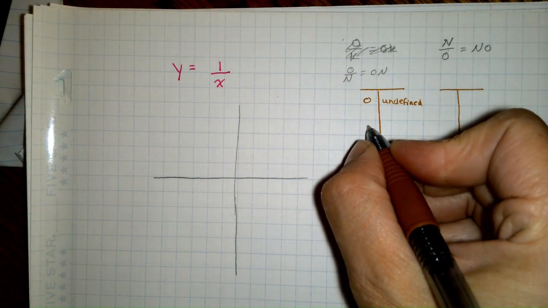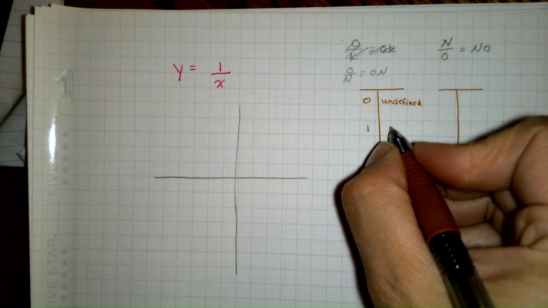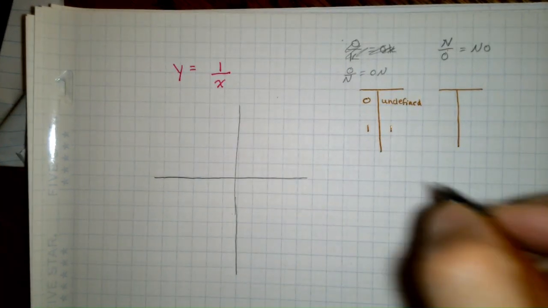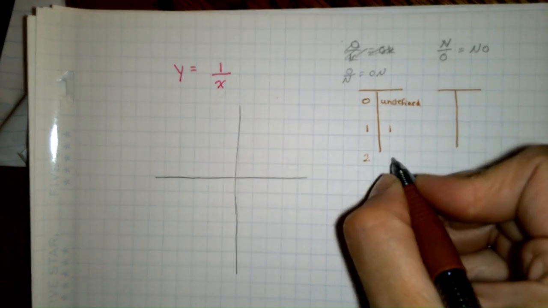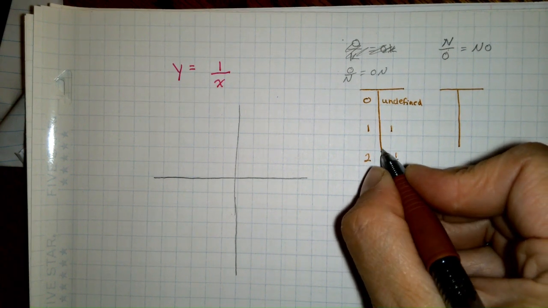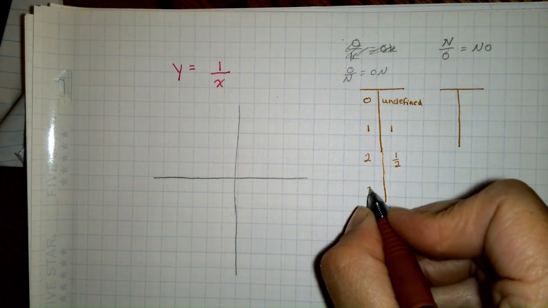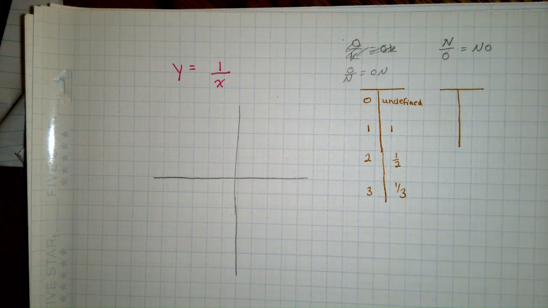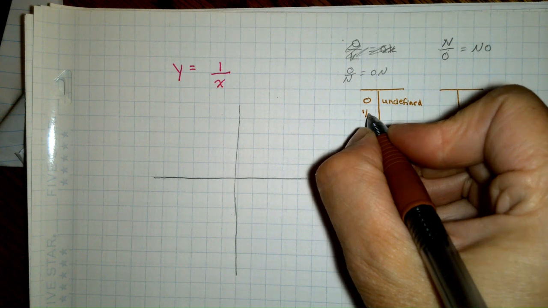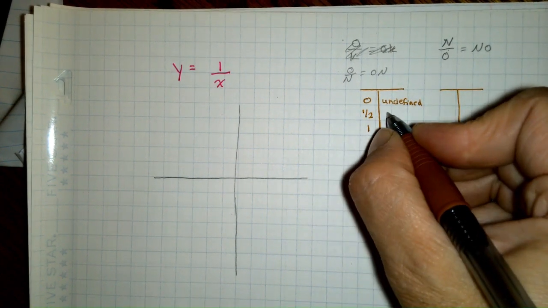If I put in 1, 1 divided by 1 is 1. I know I skipped a space. If I put in 2, I get 1/2. If I put in 3, I get 1/3. Ooh, this is interesting. What if I put in 1/2? 1 divided by 1/2 is 2.